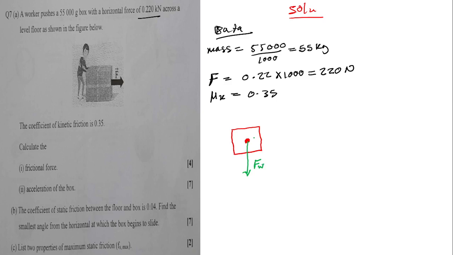Then the upward force, Fn, which is the normal force. Then another force, the applied force F, which is equal to 220 newtons.